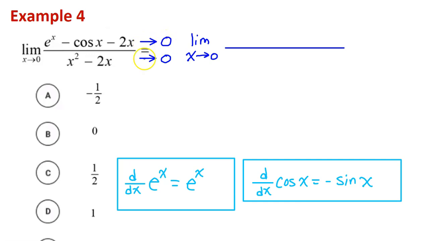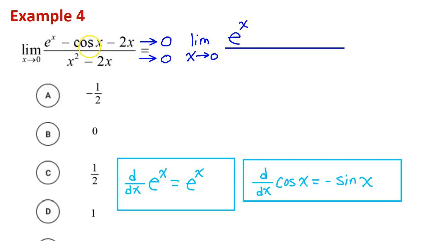Since the numerator and denominator are both approaching 0, we can use L'Hopital's rule and take the derivative of the numerator and the derivative of the denominator without changing the value of the limit. So let's do that. Here are 2 flashcards for you. The derivative of e to the x is e to the x.